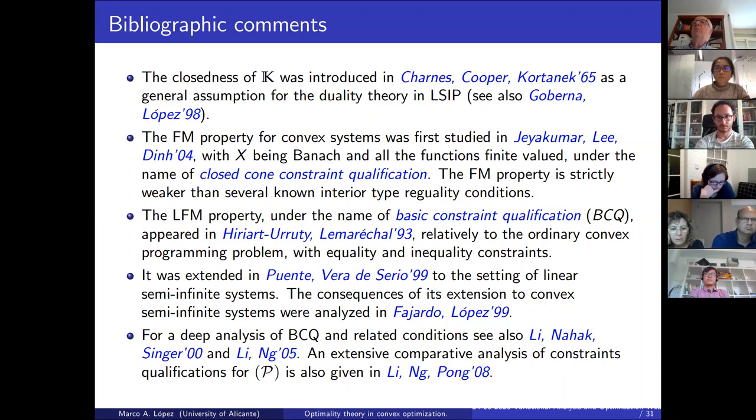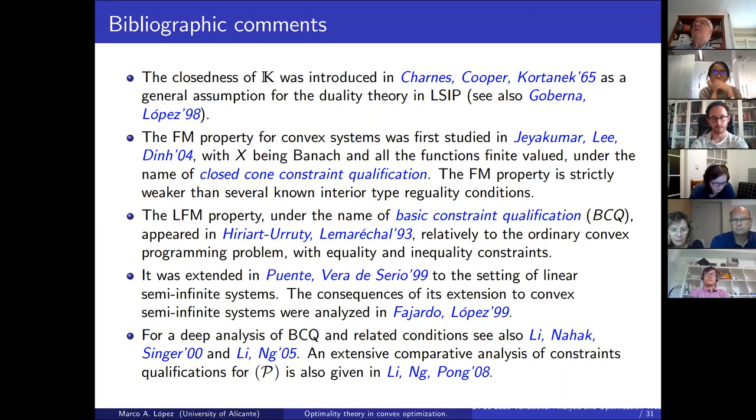And we prove, and these authors also prove, that Farkas-Minkowski is strictly weaker than certain known interior-type regularity conditions, involving the quasi-interior, etc., in the line of the book of Radu Bot and his co-authors.